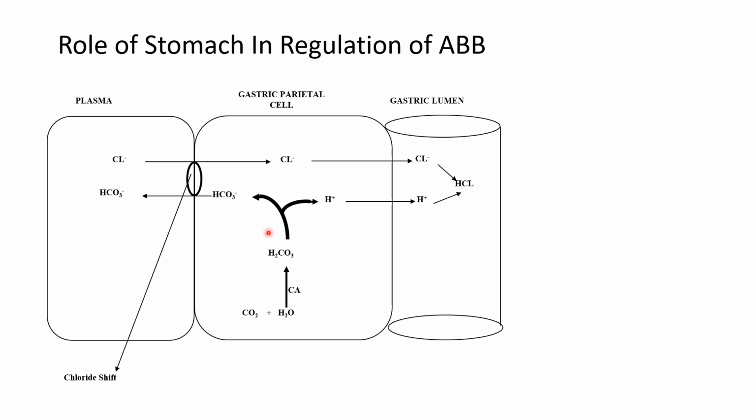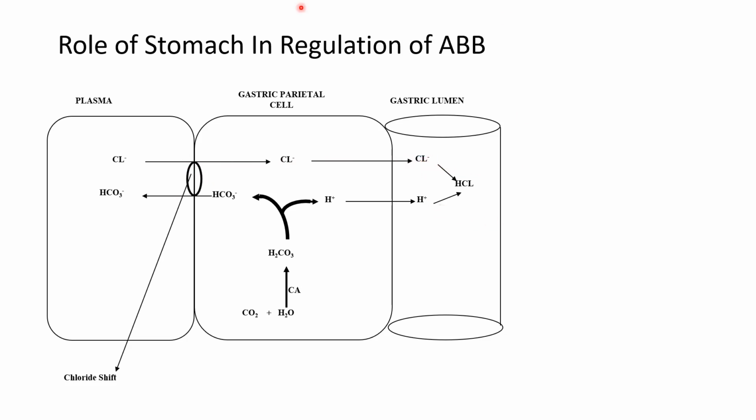At the same time, the bicarbonate ion generated from this dissociation moves into the plasma in exchange for the chloride ion along this membrane. Another example of a chloride shift. So while bicarbonate is being diffused into the plasma, a unit of chloride moves from plasma through this chloride exchange shift and parietal cell into the gastric lumen to form hydrochloric acid.